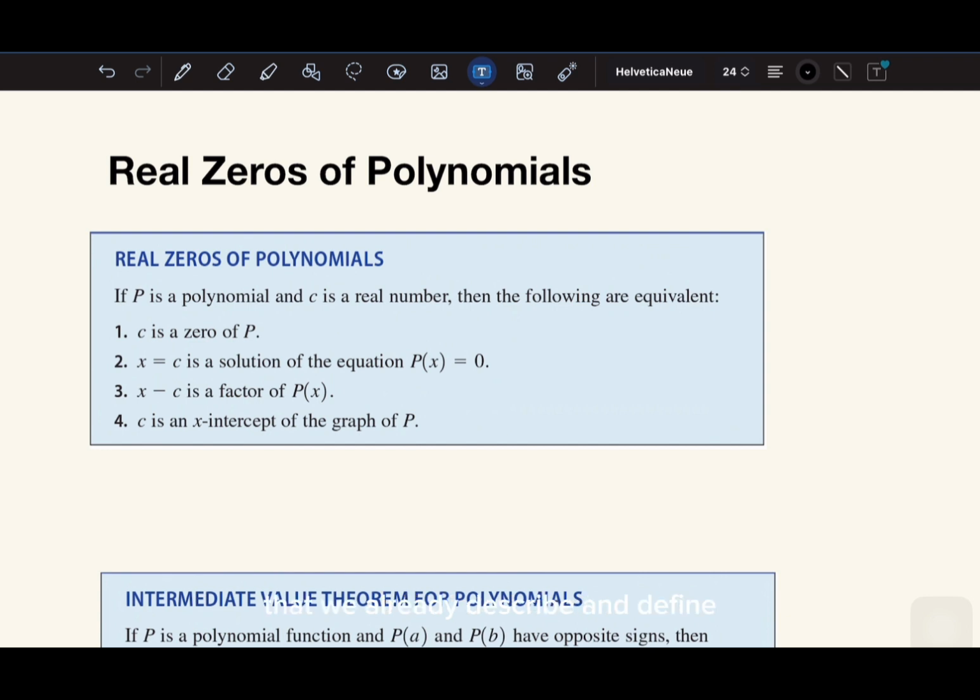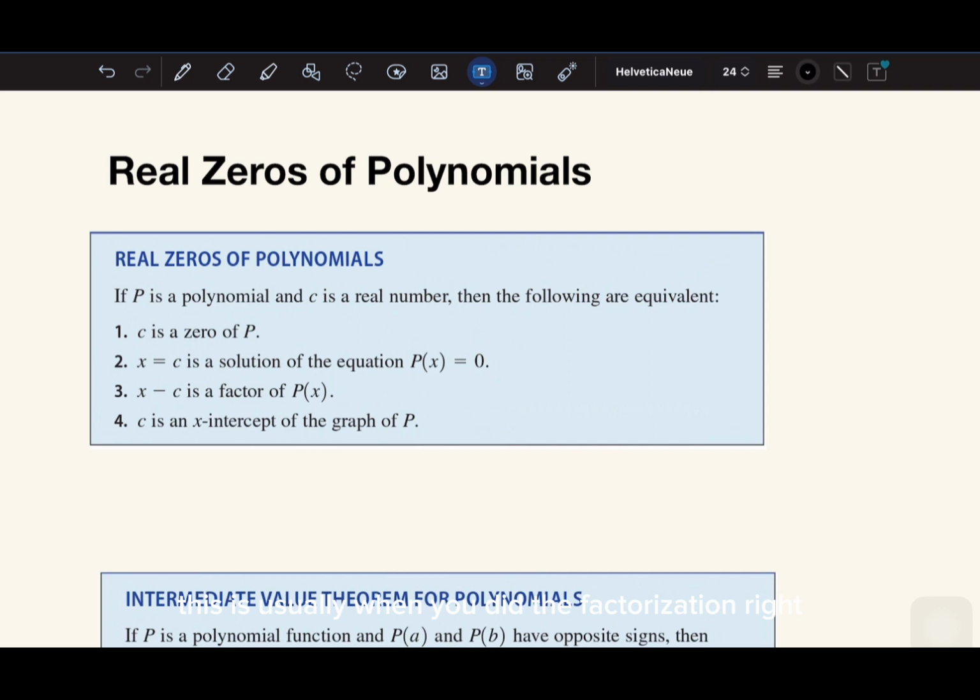If P is a polynomial that we already described and defined, and we have all of these conditions, which, it's okay if you don't want to write this down as a note, but if we take P, the polynomial, and c is a real number, we say c is a zero of P, meaning that c is the one that makes P zero. We can also say that it is the solution that we usually find when you factorize functions, like quadratic functions. When you find a solution x equals something, that is your solution, right? So we can say that x equals c is a solution of p of x equals 0.